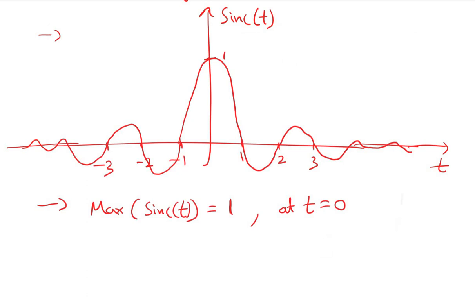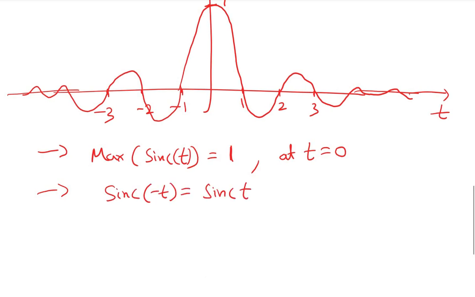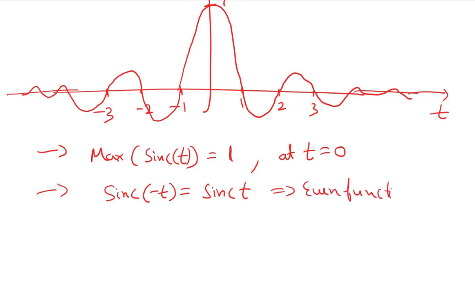The second important feature that we can extract from this plot is that it is an even function of time t, that is sinc of minus t is equal to sinc t.